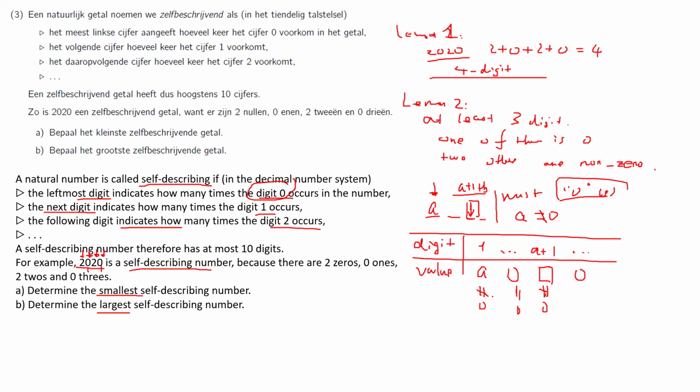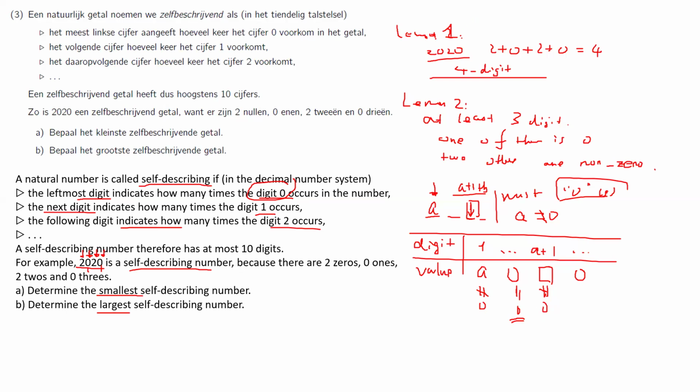So that means there must be at least 3 digits: one digit is 0, and the two others, at the A position and the A plus 1 position, are non-zero. So that's the proof of lemma 2.